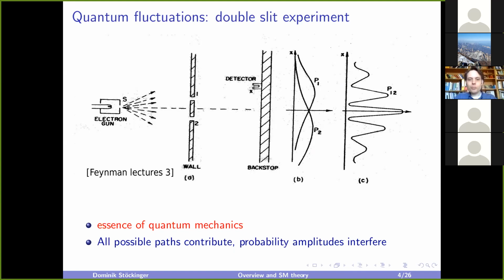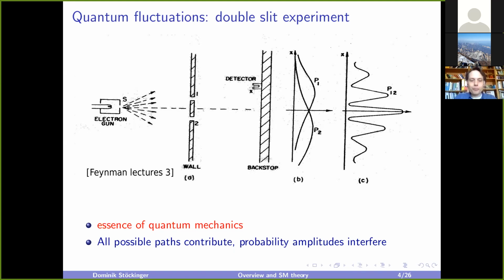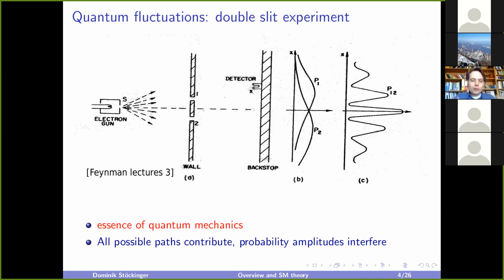And what we then observe is the interference pattern. So all paths contribute, and here in the double slit experiment, both paths contribute equally, of course. But imagine you drill a third slit in green here very far away, then this will also contribute. If it's thin and far away, it might contribute just a little bit, but it will also change the interference pattern. So all paths contribute.